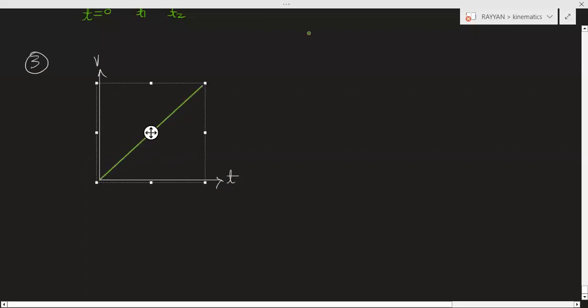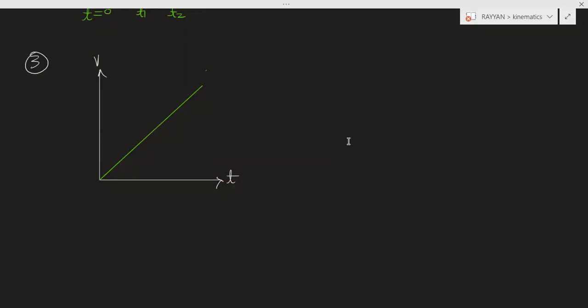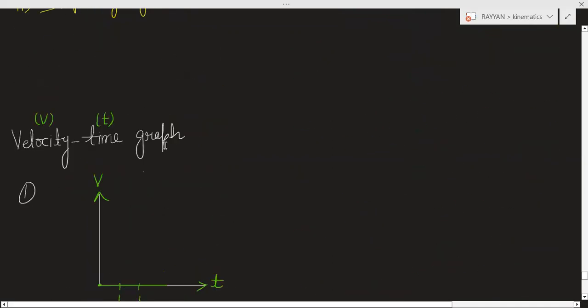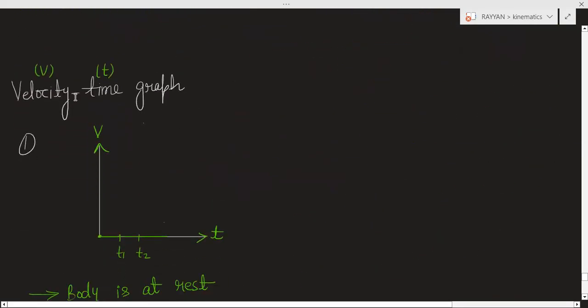If this type of graph is given, and one more thing that I want to tell you, the slope of a velocity-time graph will give you the acceleration. Okay.